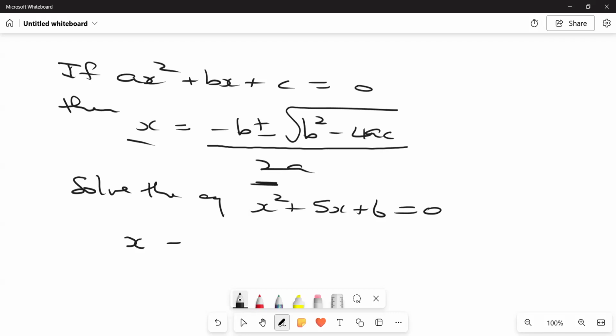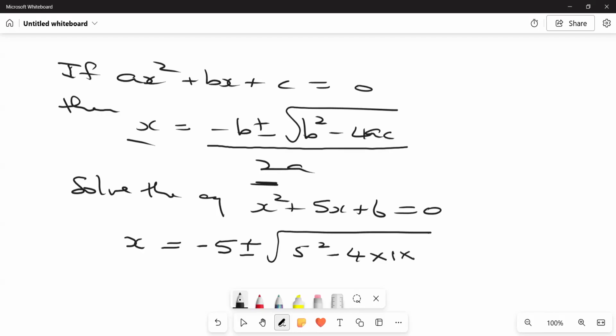So x will be equal to, you've got to watch now, what is b in this equation? It's 5, right? So you start with minus 5 plus or minus the root of 5 squared minus 4 times what's a? A is the number in front of x squared, right? So in front of x squared here is 1.